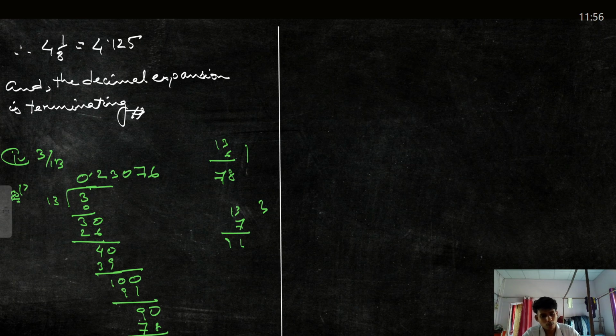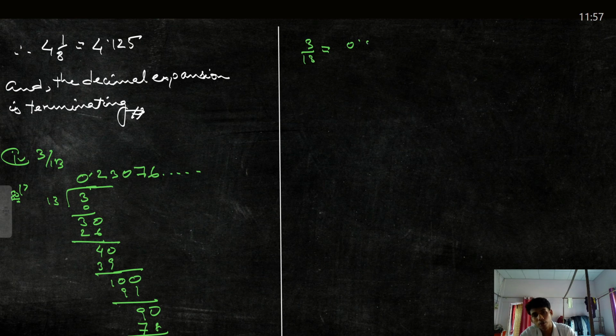Then minus, it becomes 120. Ultimately we can say that 3 by 13 is equal to 0.23076 and so on.